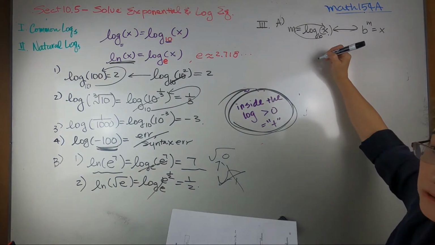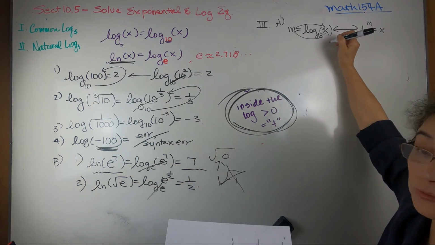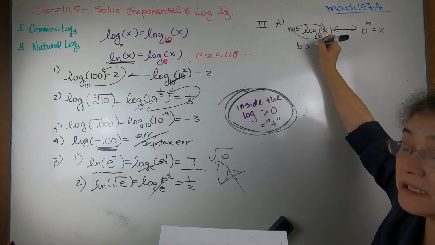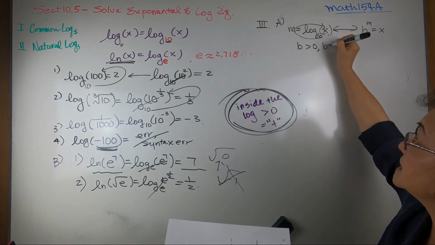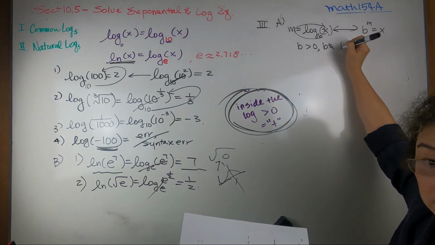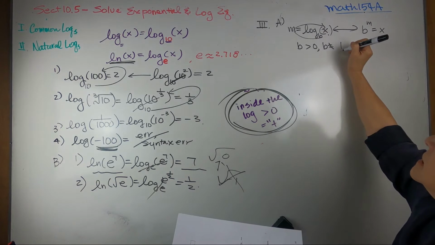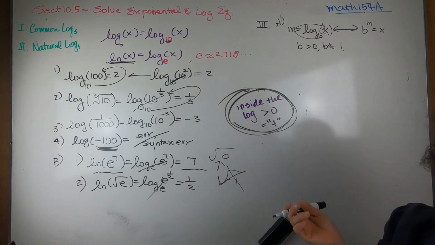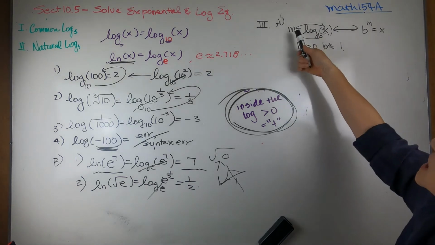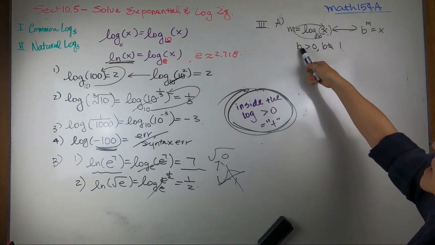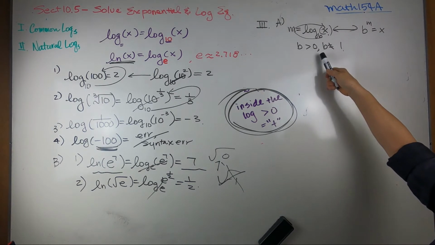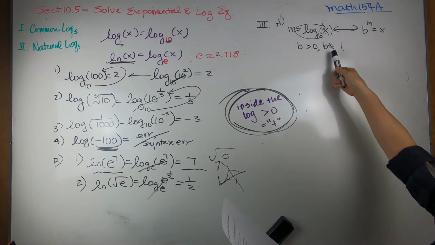Remember what's your restriction? The base has to be what? Base has to be bigger than 0. Base cannot be 1, right? Remember that. If I ask you a function of a log, then you have to describe the restrictions as well.